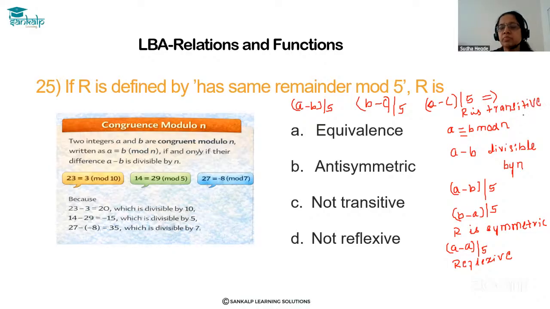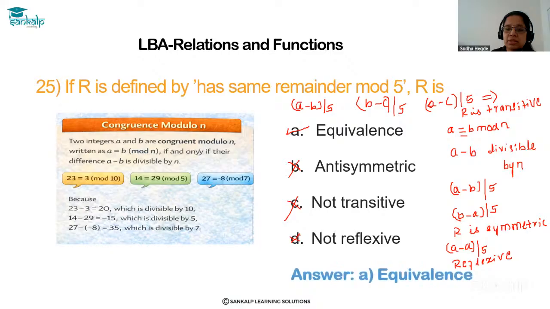We have proved R is reflexive, R is symmetric, and R is transitive. So option A, equivalence relation, is true, and the others are wrong. So the answer is R is an equivalence relation. Got it?